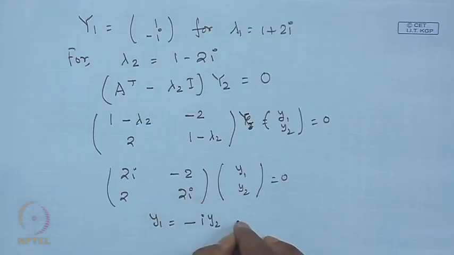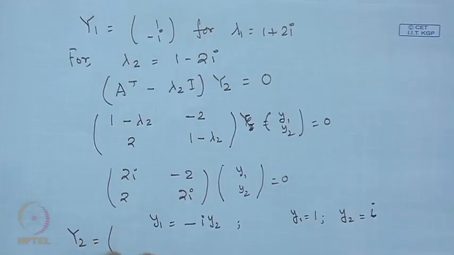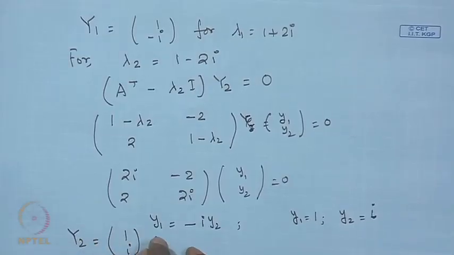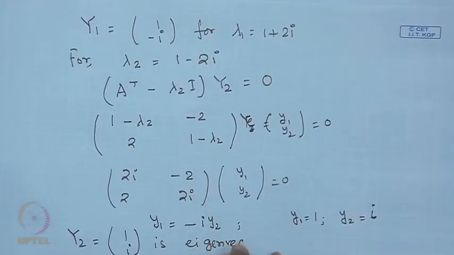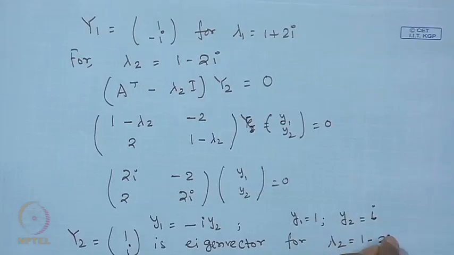So, if we select y 1 is equal to 1, then y 2 will be plus I. So, y 2 is equal to 1 and I, the eigenvector for lambda 2 is equal to 1 minus 2 I.